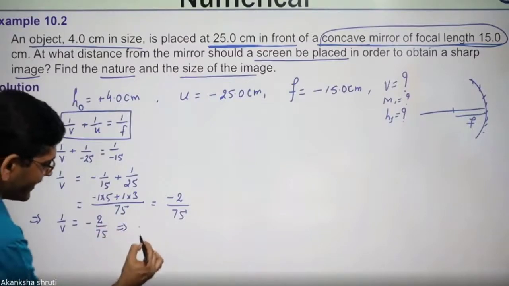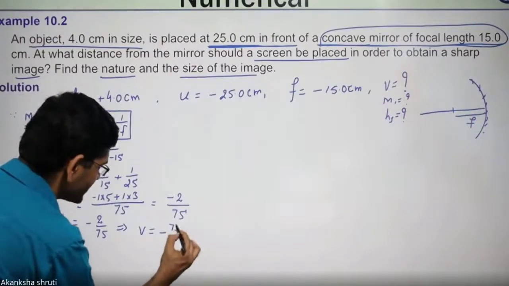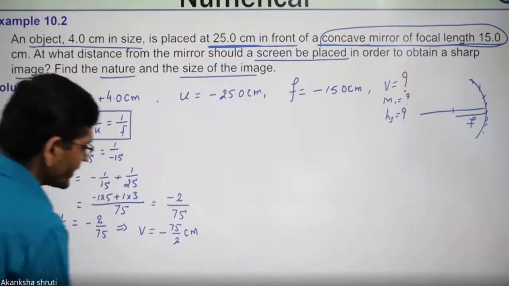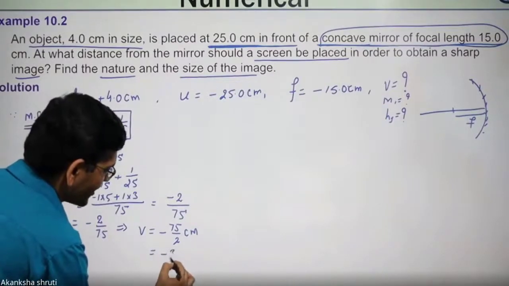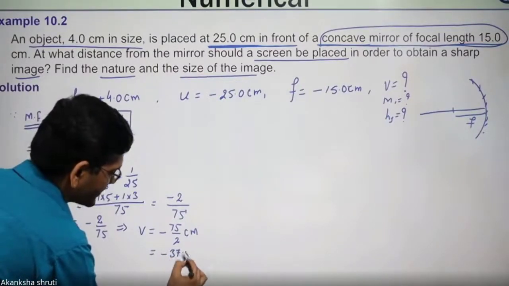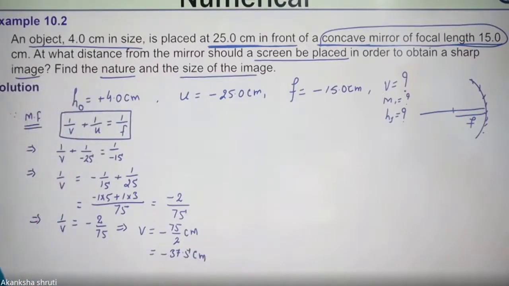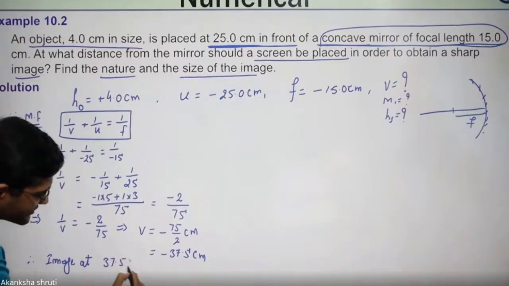This implies V is obtained by taking the reciprocal, but the sign will remain as it is: minus 75 by 2, the unit is centimeter. If we wish, we can write it in decimal also, minus 37.5 centimeter. So from here we are getting that the image is at 37.5 centimeter.